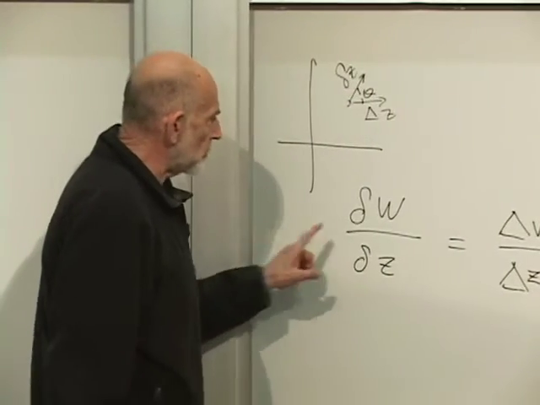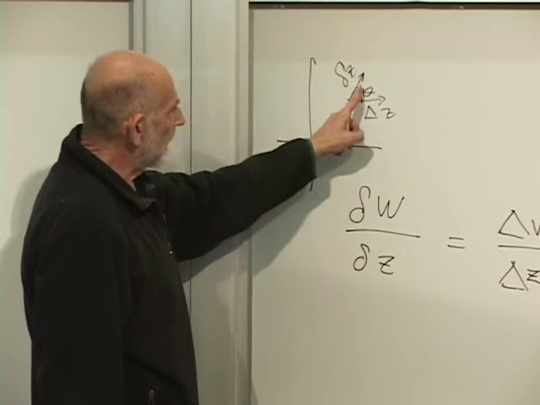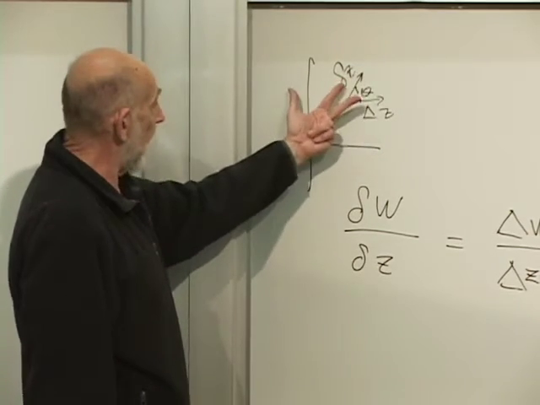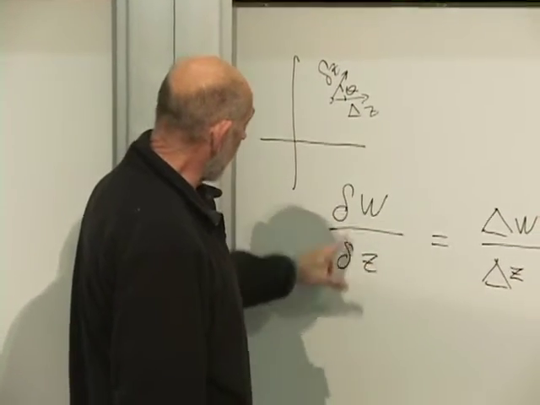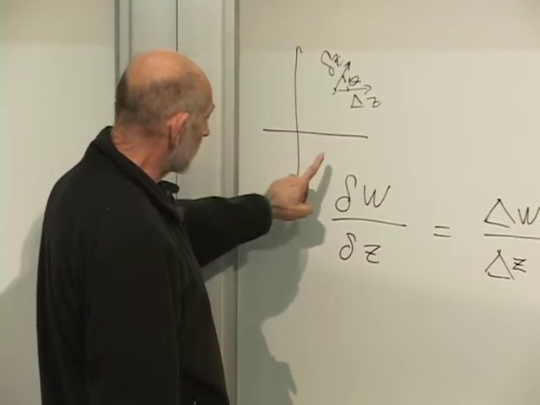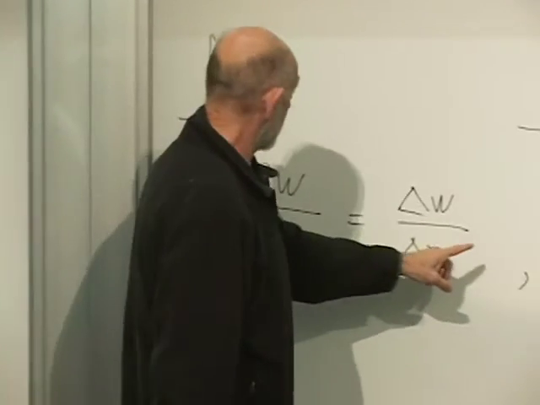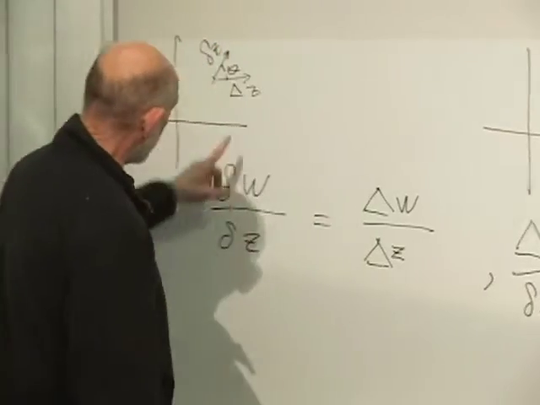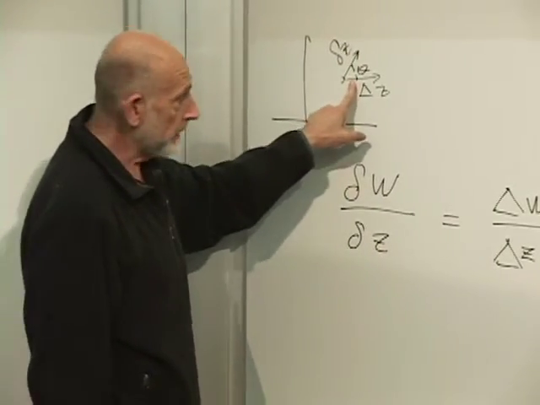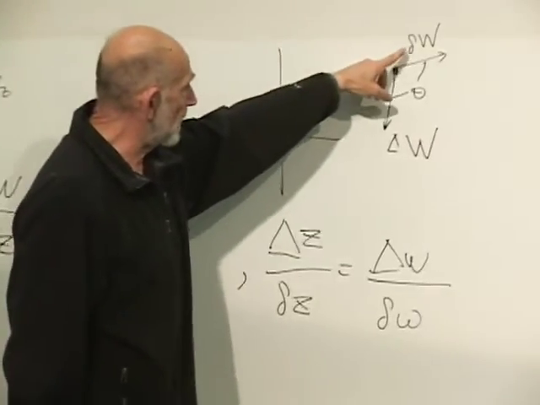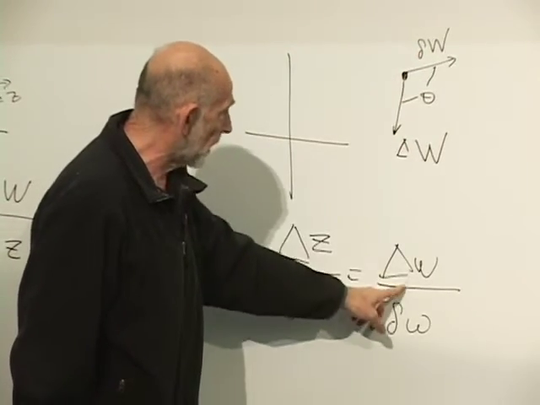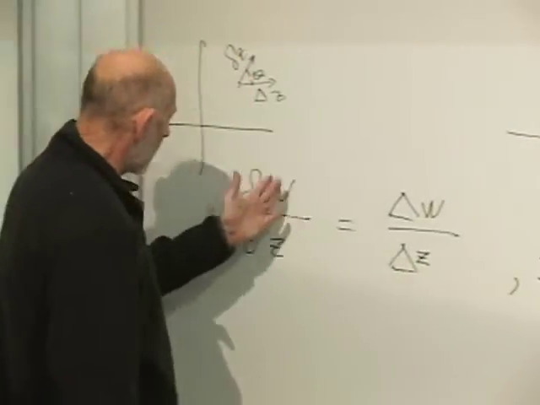The angle associated with the ratio is the difference of angles, which just means the angle associated with big delta z over little delta z is just the angle between them. The angle associated with big delta w over little delta w is the angle between here. What does this tell us? This tells us the angles are equal.